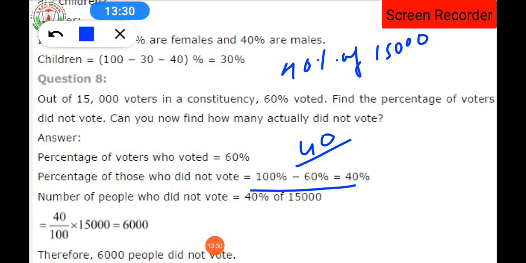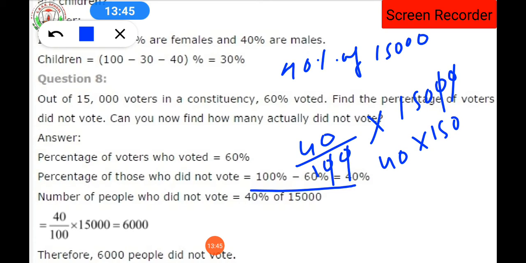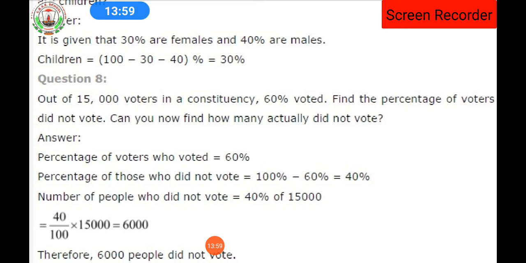So 40 upon 100 into 15,000. The zeros from the numerator and denominator will get cancelled. So 40 into 150. So how many people did not vote? 6,000 people did not vote.